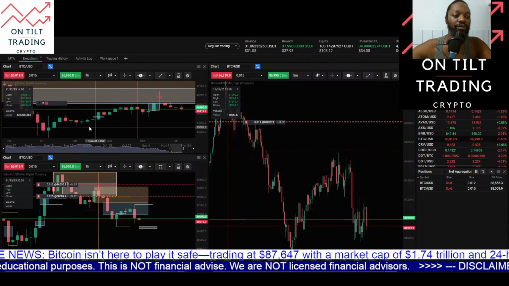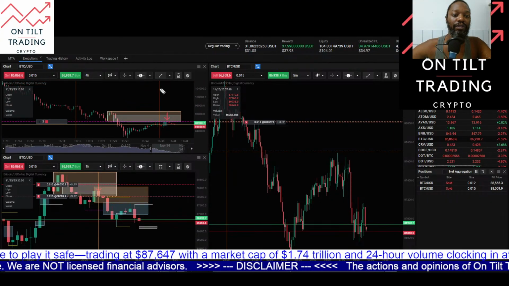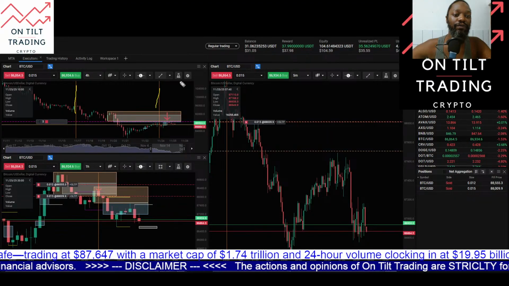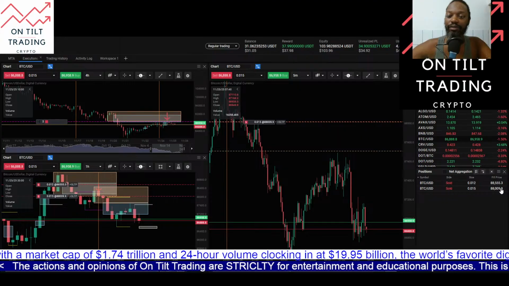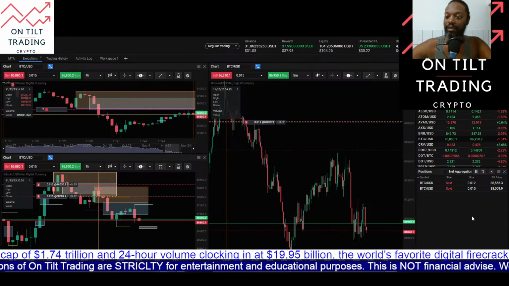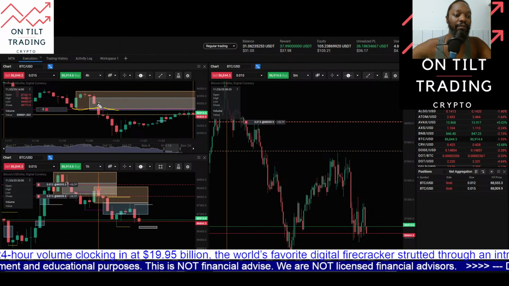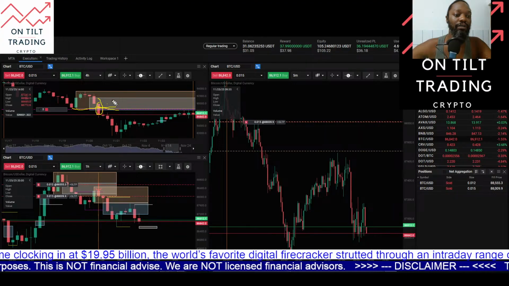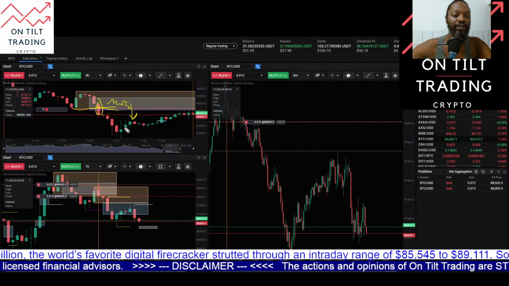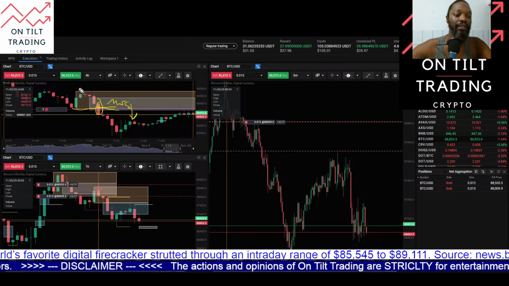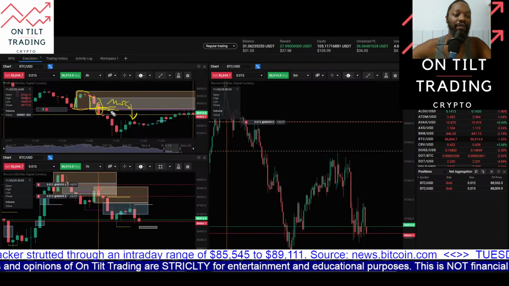If we come in closer, we can see these orange lines here, these are dividers for the week. And we can see here that last week, Bitcoin, there is a market structure shift here that delivered price here to the sell side and created this order block and this fair value gap here.